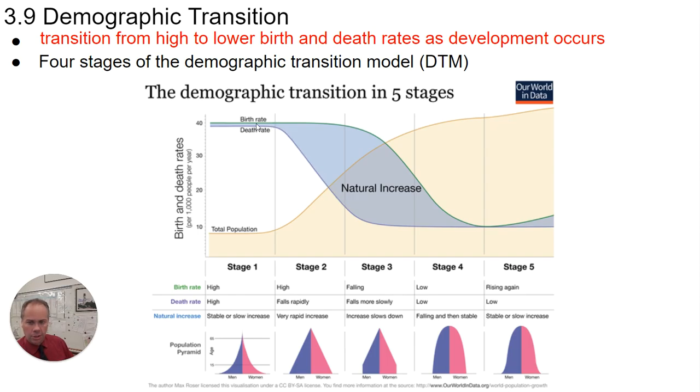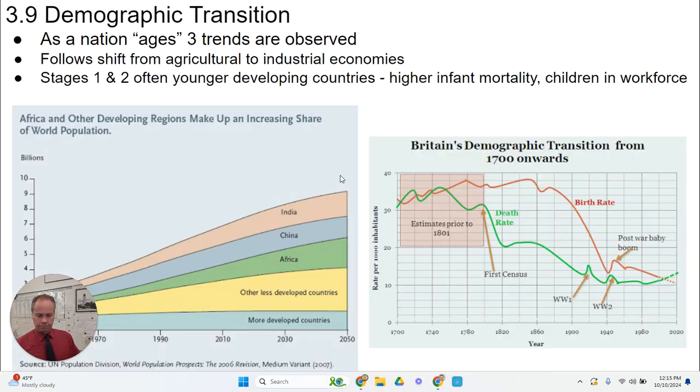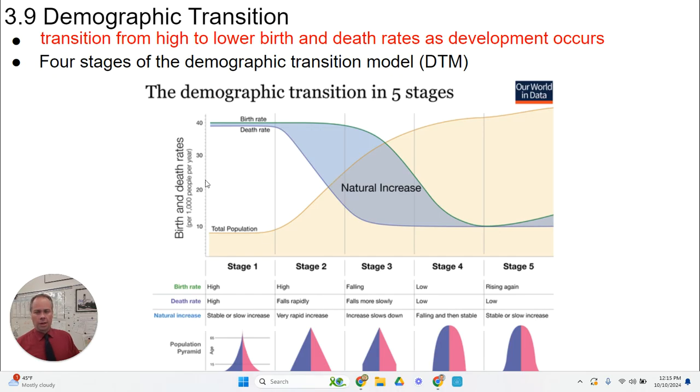So birth rate remains high, death rate drops rapidly, and because of this wide gap between the birth rate, which is much higher than the death rate, we see rapid population growth. The line indicating the total population shows this rapid population growth during stage 2. The population pyramid that represents that has that pyramid shape, with the very rapid increase that's typical of it.